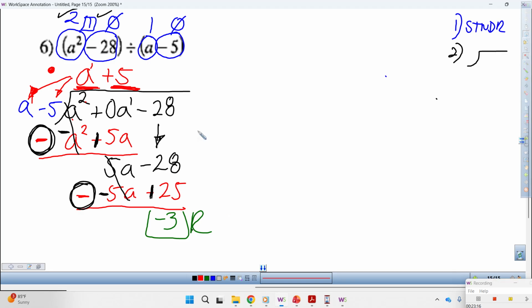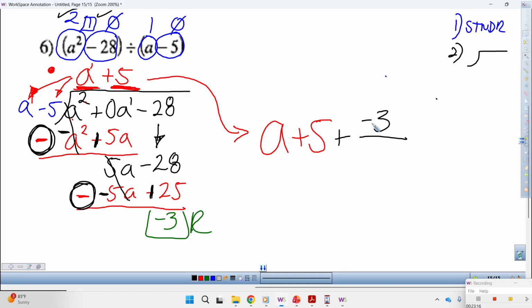Answer. Well, the answer, we write that a plus 5, but if we have a remainder, what did I ask you to do? To write a plus, fraction bar, and the remainder, negative 3. What goes on the denominator? The a minus 5, the divisor, a minus 5.